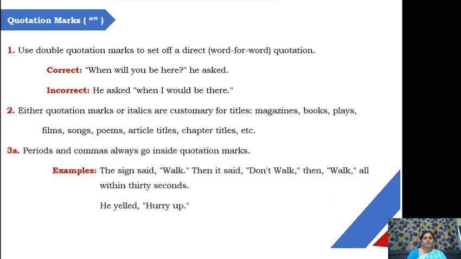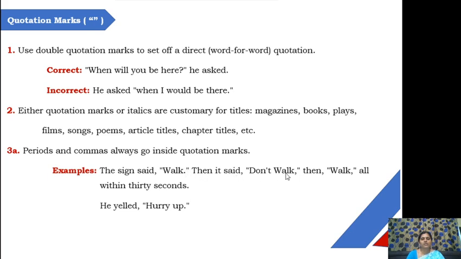Periods and commas always go inside quotation marks. When you are using quotation marks, if you want to place a period or a comma, then it should be inside the quotation mark only. As you see here, "The sign said, 'Walk.'" Here, the full stop ends the sentence, and it is kept inside the quotation.